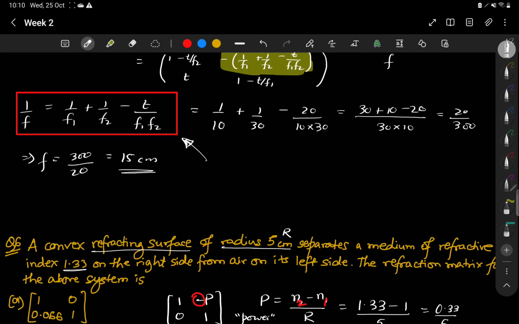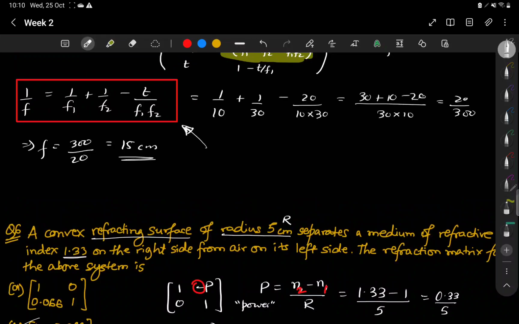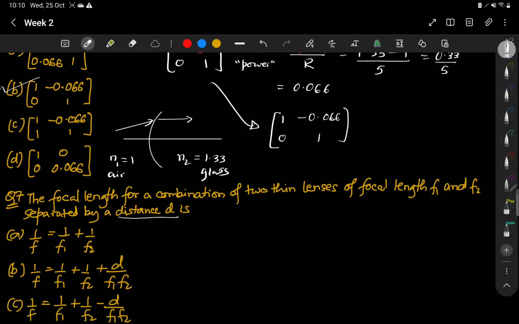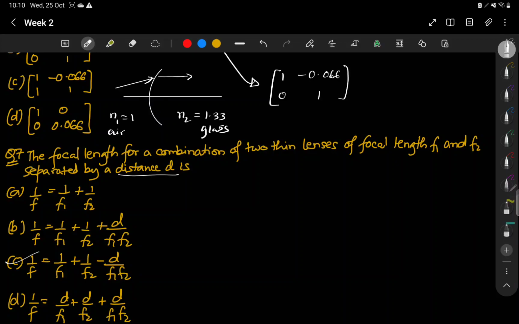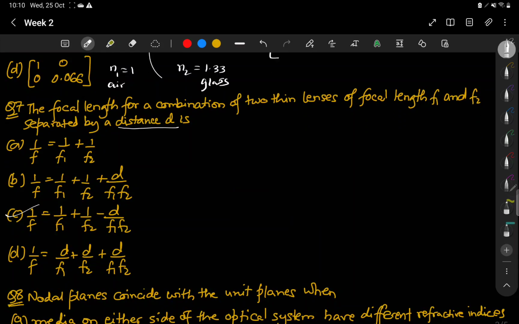It is 1 over f1 plus 1 over f2 minus t, where t is the transmission, meaning the separation distance, over f1 f2. Here the separation distance is d, so it will be d over f1 f2. Note that option D is dimensionally incorrect.